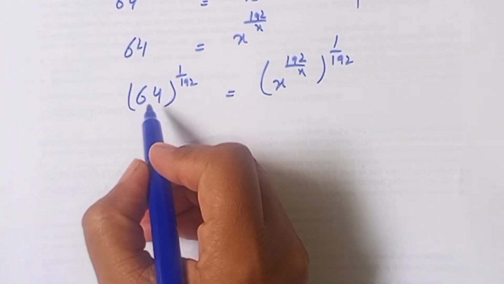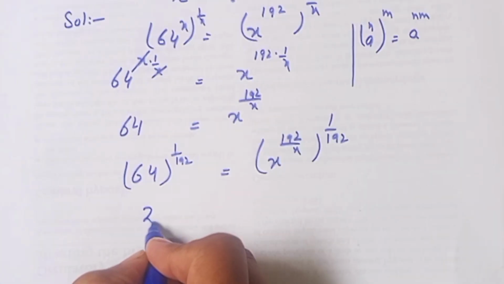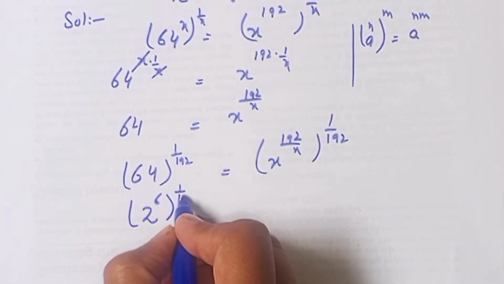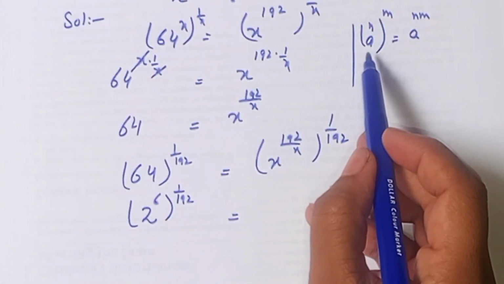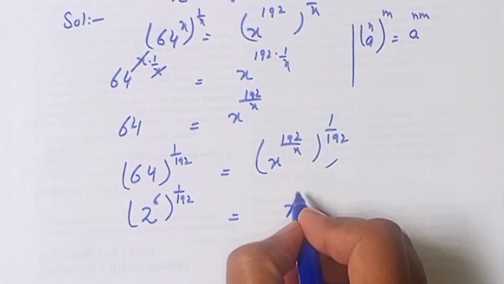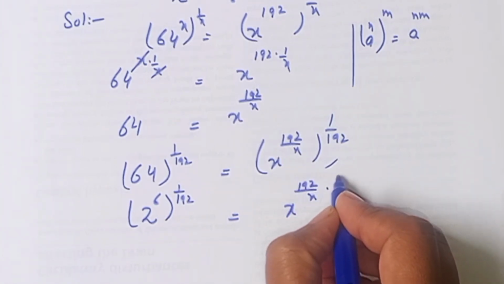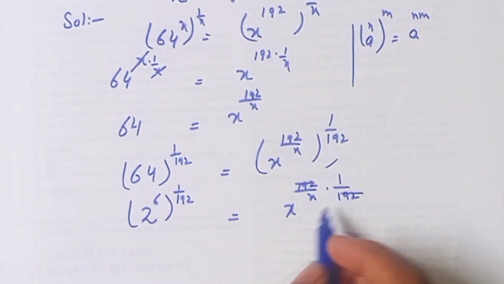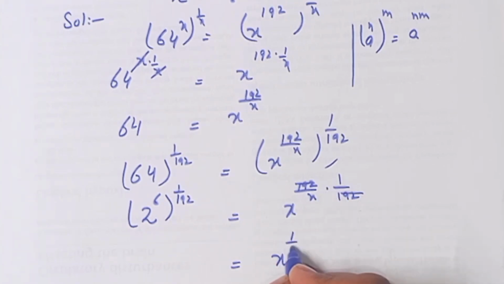And this 64, we write this as 2 raised to the power 6, which is equal to 64, and this is 1 over 192. This is equal to, we apply this property on this value. So this is x raised to the power 192 over x multiply 1 over 192.